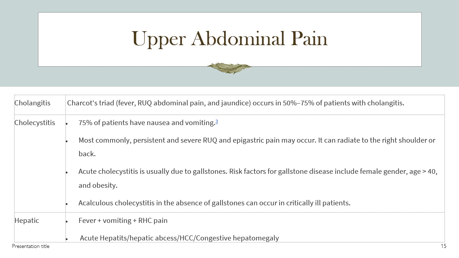The most common underlying etiology of acute cholecystitis is gallstones, but acalculous cholecystitis can also occur in very critically ill, hospitalized patients. Cholecystitis is the third common and very important differential diagnosis in patients with upper abdominal pain.